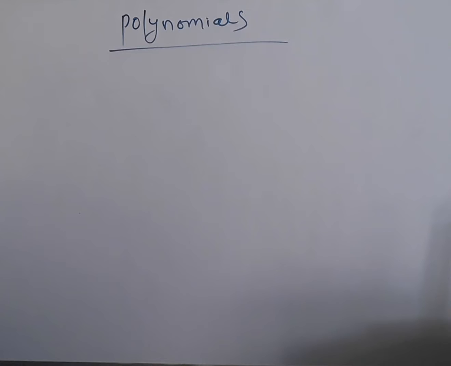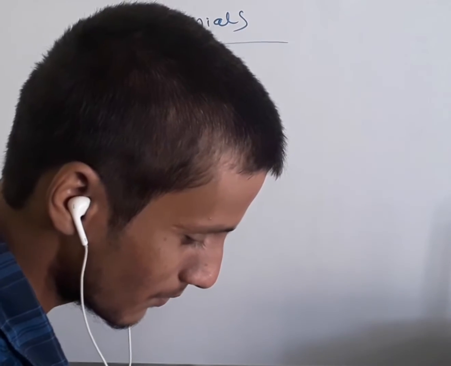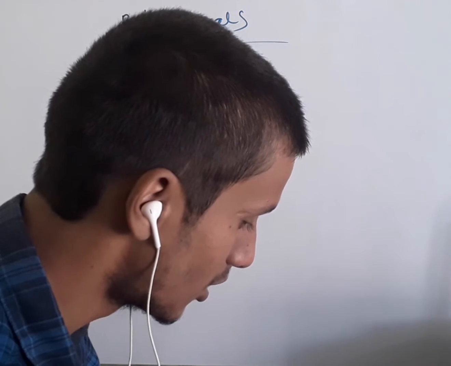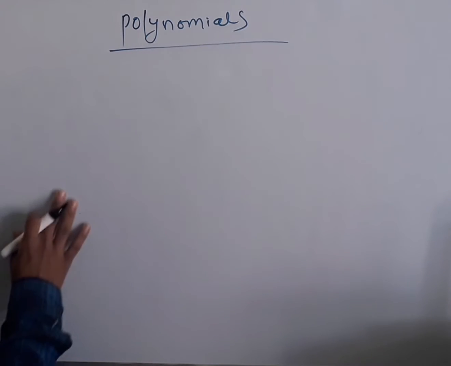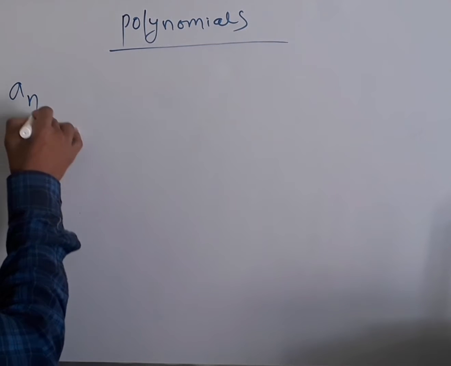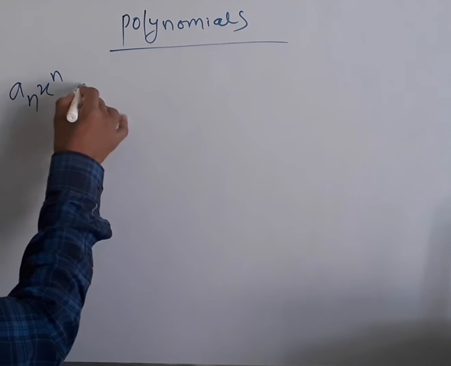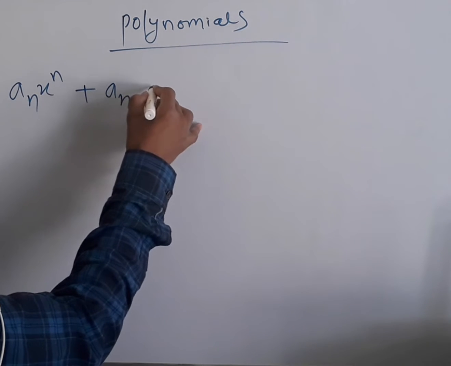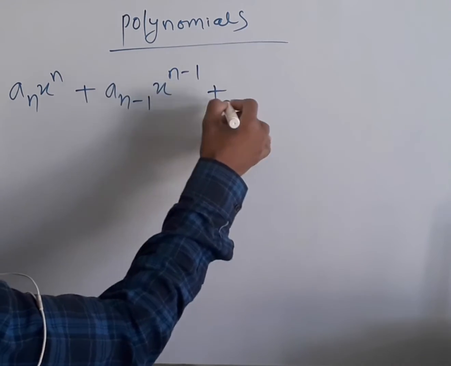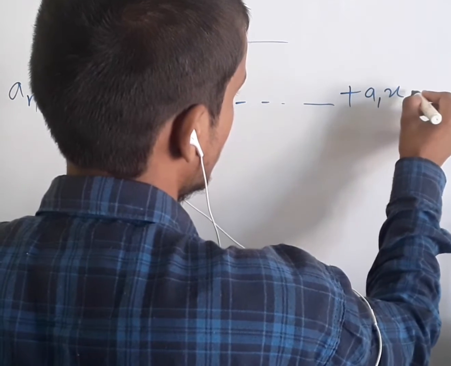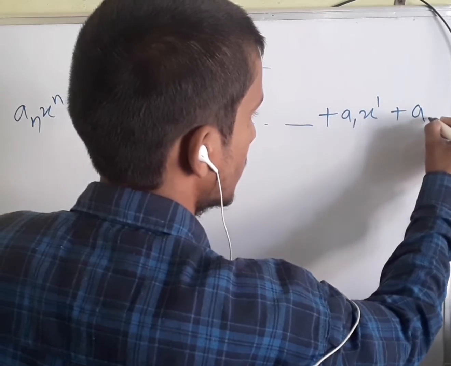I'm not going to write the textbook definition, because definitions are not helpful at all. You need to understand the concept. So expressions in the form a sub n times x to the power n, plus a sub n minus 1 times x to the power n minus 1, plus and so on.